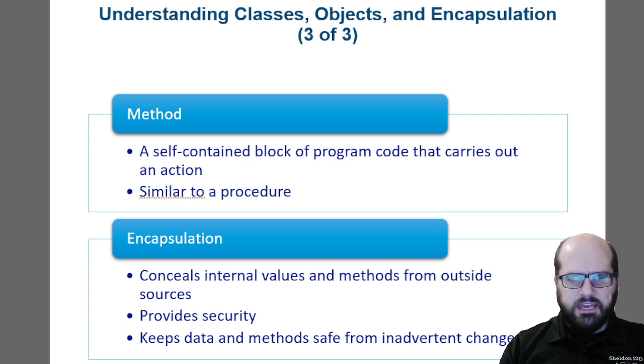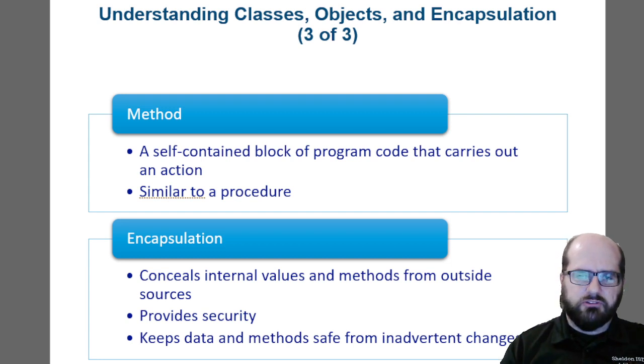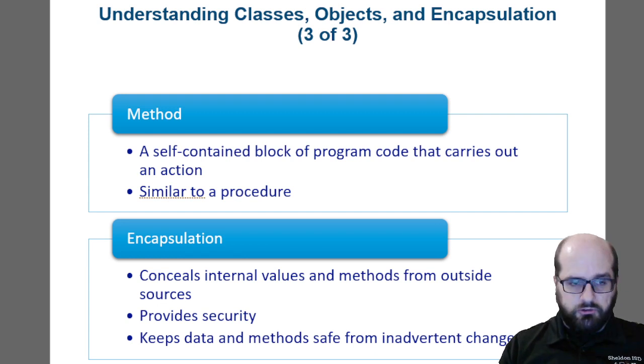Encapsulation is the idea of concealing internal values and methods from outside sources. It's the idea that some private things should indeed be kept private. Now that may be an information sharing thing. You don't want the whole world to know your social security number, so you're going to keep that private.